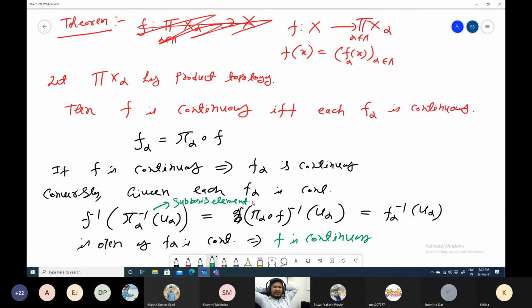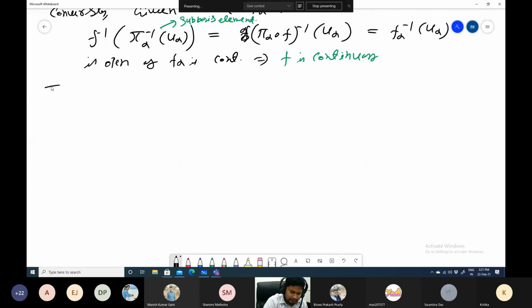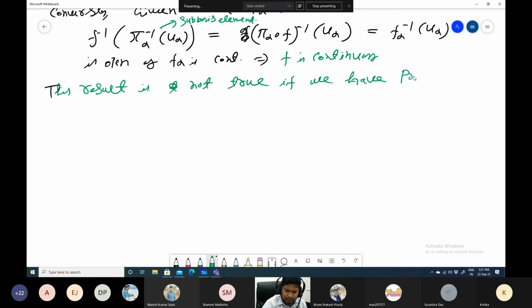Okay, that is very simple one. Now this result is not true if we have the box topology instead of the product topology.